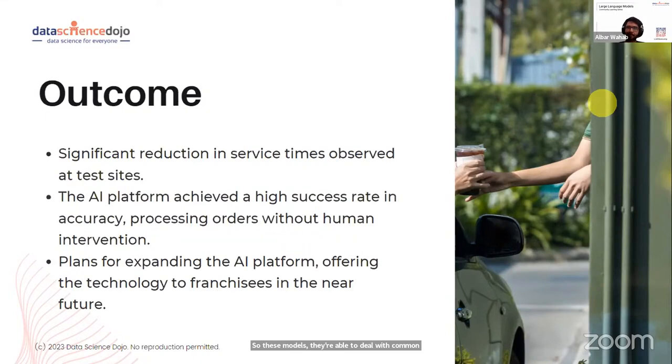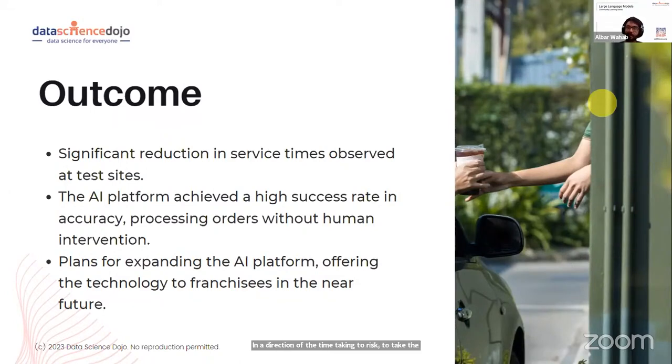And at the end, there was a significant reduction in the service times in comparison to the site that was operating manually. There was also a high success rate in accuracy. I believe it was around 20-ish seconds reduction in the time taken to take the order from the person. And in this fast-paced environment, that's actually pretty good, right?